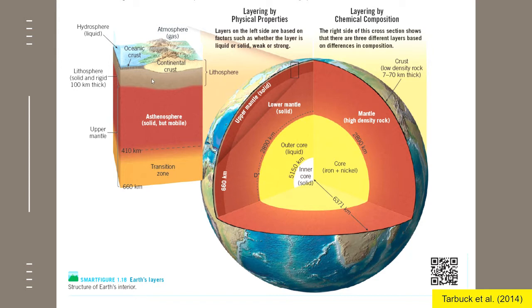You have two types of crust. The oceanic crust is below the hydrosphere, below the bodies of water, so it's quite thin compared to the relatively thicker continental crust, where you can find most of our landforms. Above that, you have the atmosphere.